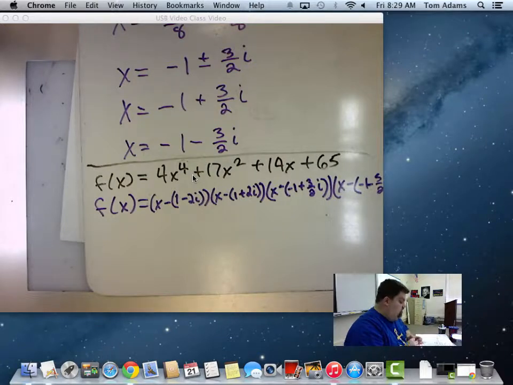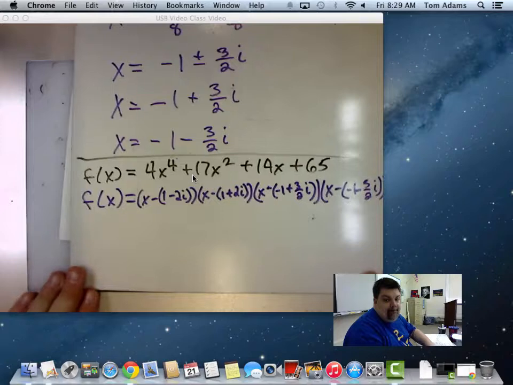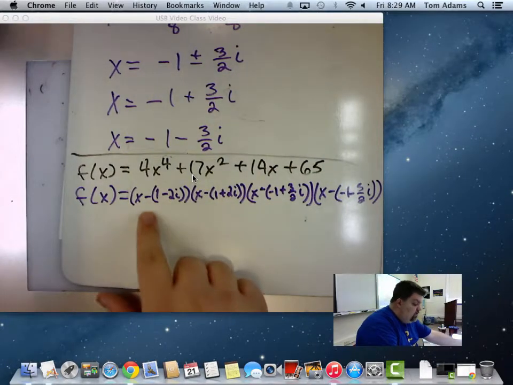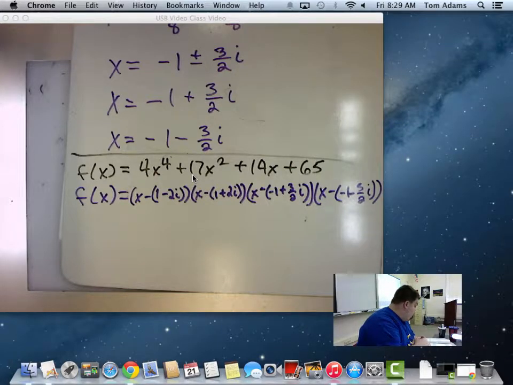Those are the zeros of that function. Now, does anybody have any questions about that? Now, if you wanted to, you could distribute the negative signs through the parentheses and you'll get something else.